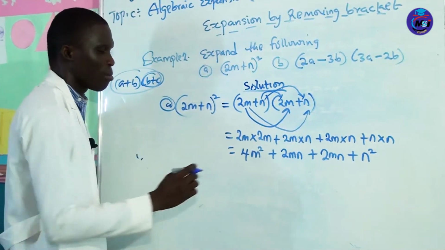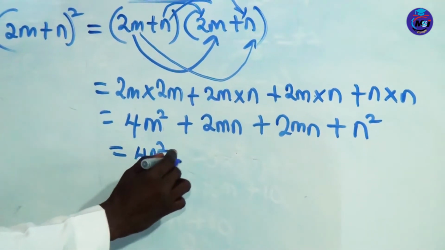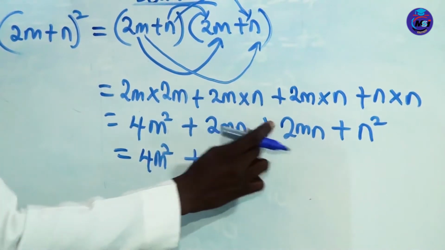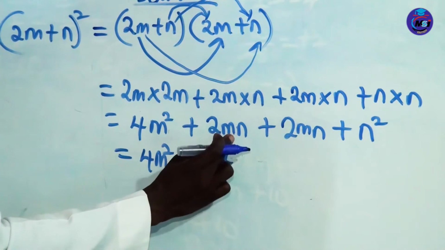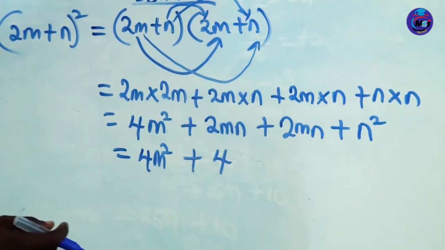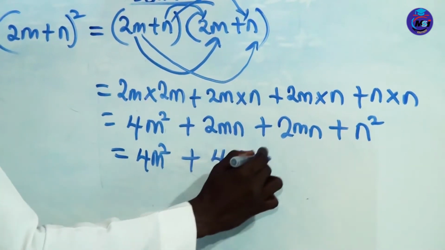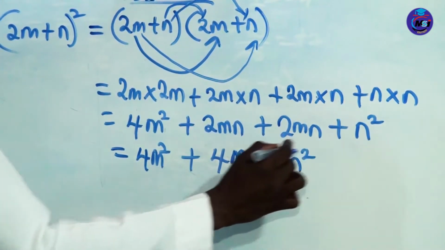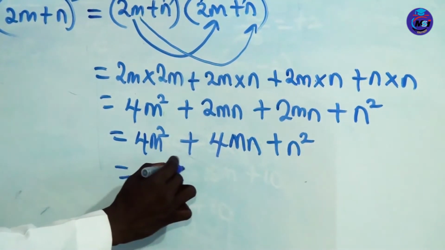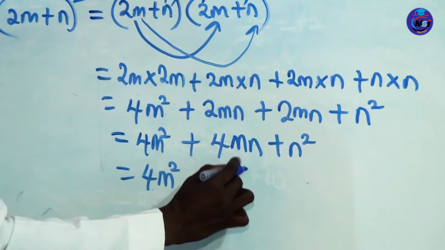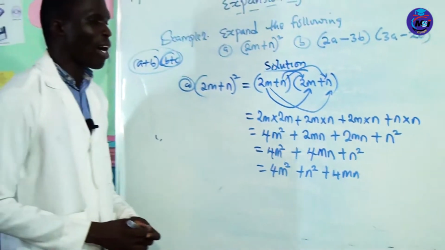We are going to have 4m squared plus 2mn plus 2mn will give us 4mn. Since they are the same, we have mn here, we have mn here, we call them like terms. Okay, we have 4mn plus n squared. So you can rearrange your answer: 4m squared plus n squared plus 4mn. So this will be our answer.